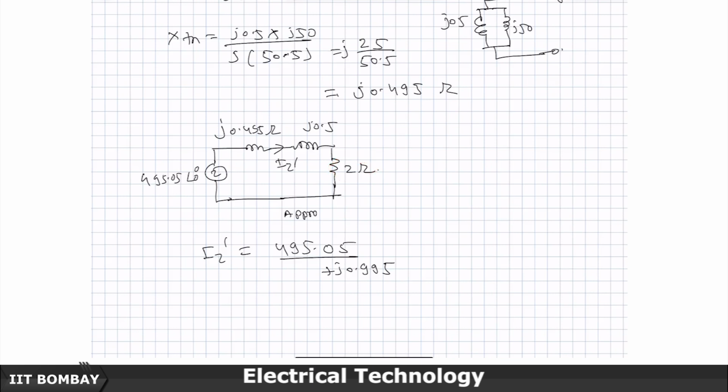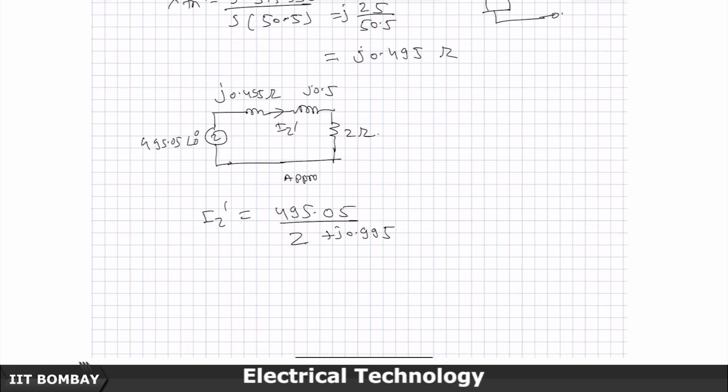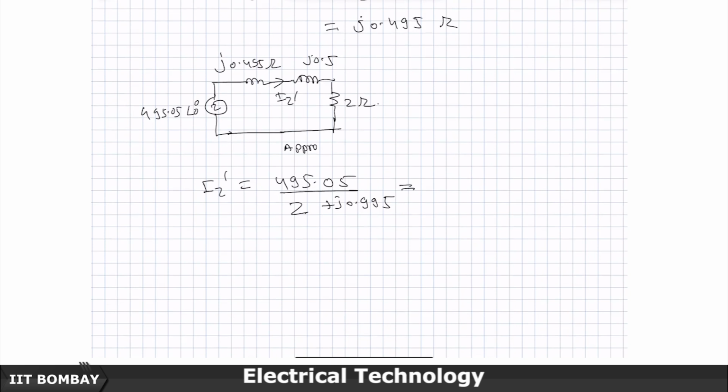There is only one resistance in series with 2 ohms, and actually I am only interested in the magnitude of I2 dash.